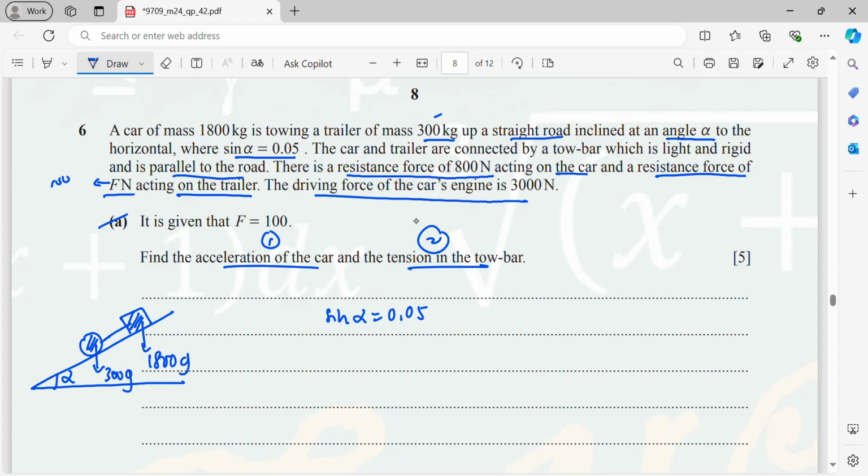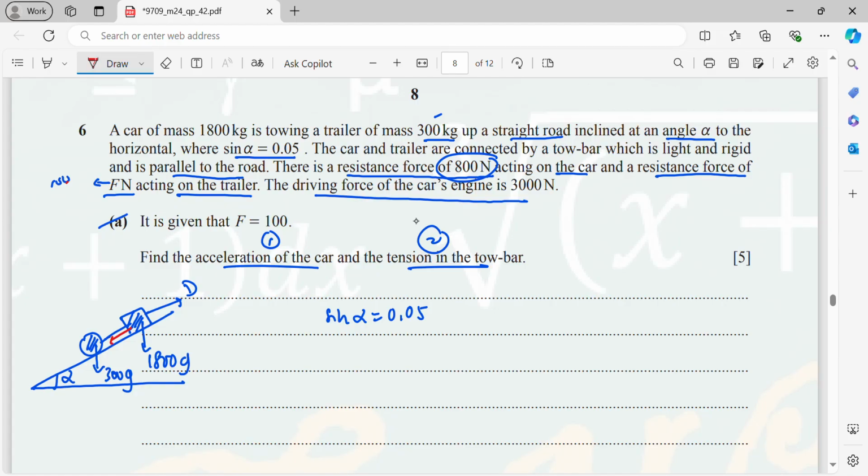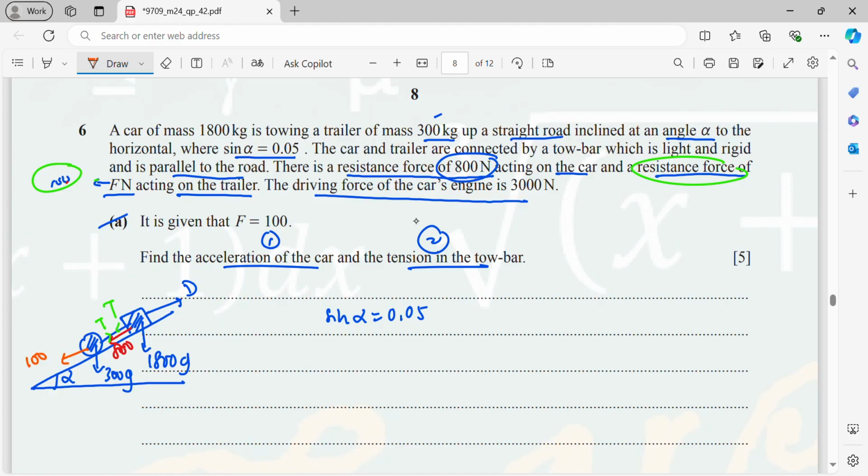Now there's a driving force D. The resistance force of 800 newtons on the car, so this is 800. And then here you will have the tension, and the resistance force of 100 newtons on the trailer. So this is my 100 newtons. Okay, so now we need to find the acceleration and the tension.